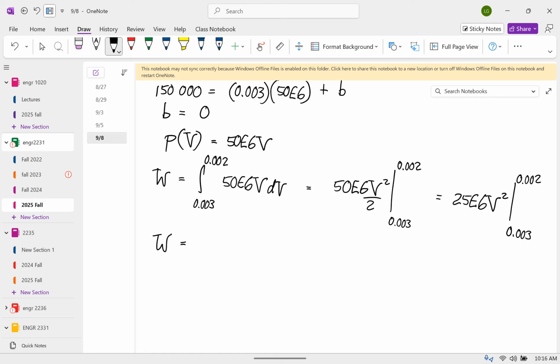And so we got 25 times 10 to the 6 times 0.002 squared minus 25 times 10 to the 6 times 0.003 squared. Can someone calculate that for me?